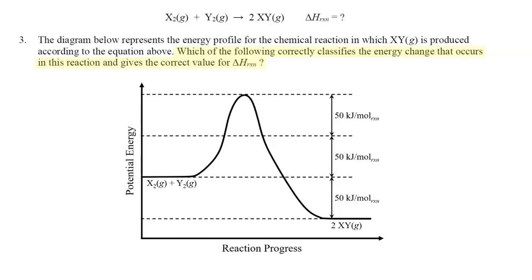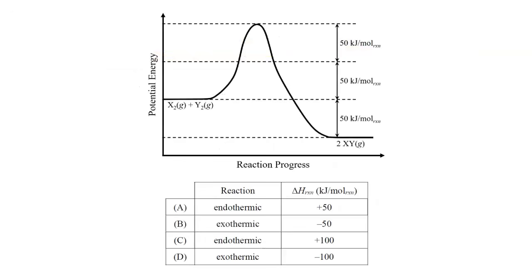Which of the following correctly classifies the energy change that occurs in this reaction and gives the correct value for the change in enthalpy for this reaction, or the delta H? We can see 4 choices, and we have to decide if this reaction is classified as endothermic or exothermic, and then we have to decide what is the actual value for the change in enthalpy for the reaction, which has units of kilojoules per mole of reaction.